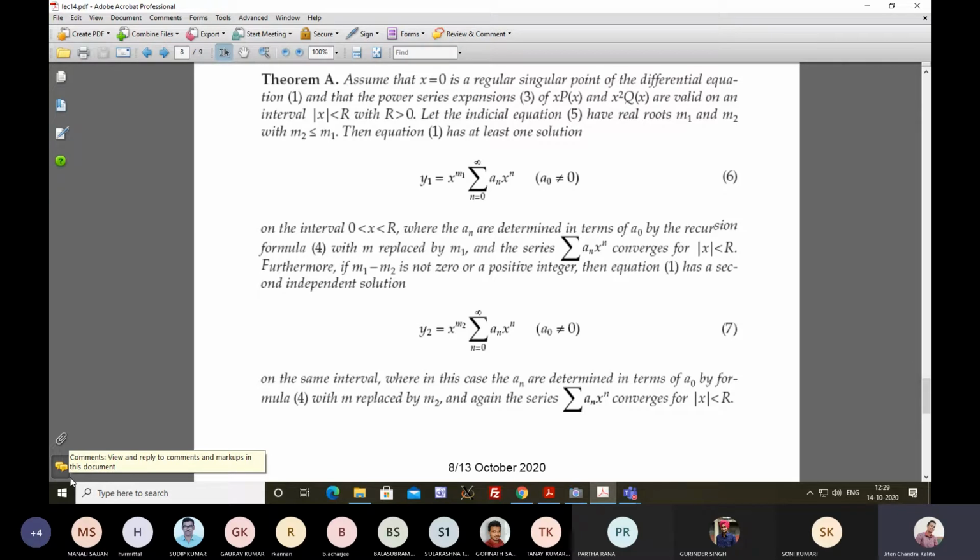Only then are you going to have two independent series like 6 and 7 on the same interval, where in this case a_n are determined in terms of a naught by formula 4 with m replaced by m2, and again the series a_n x to the power n converges for mod x strictly less than r.